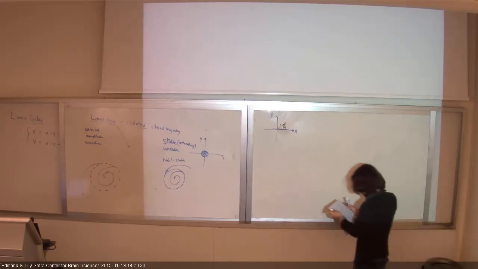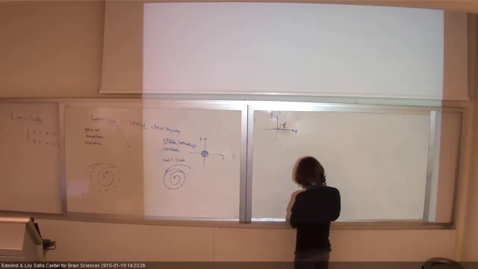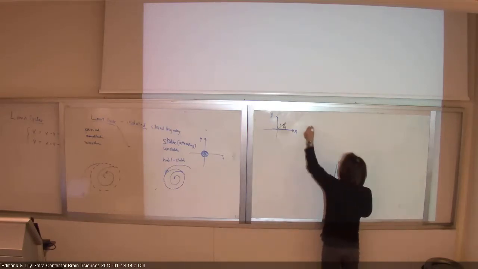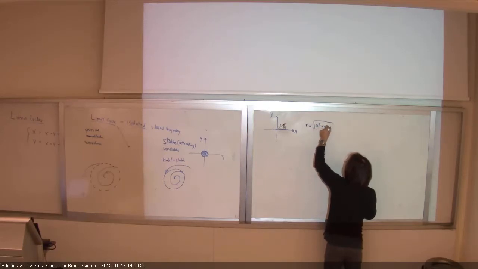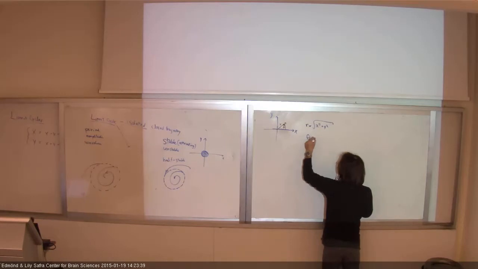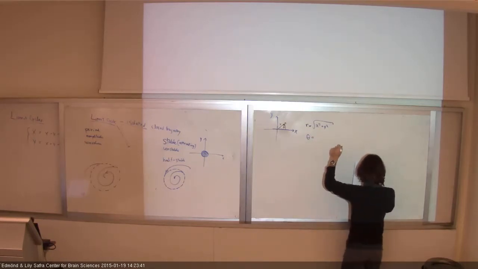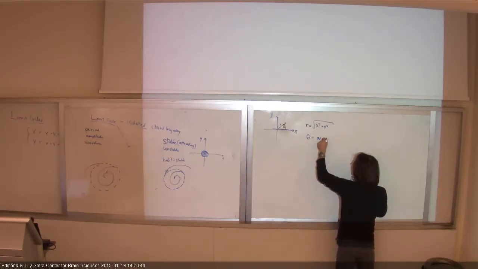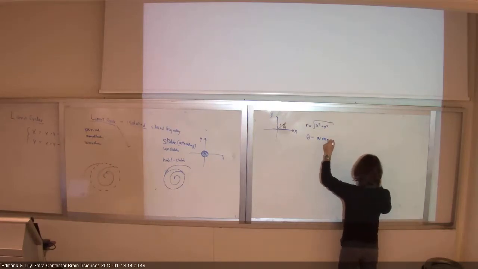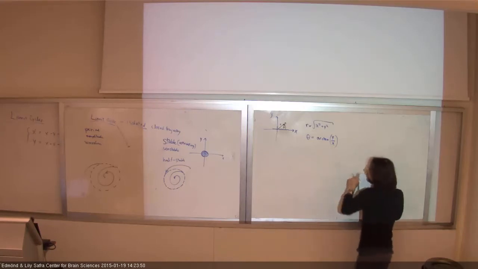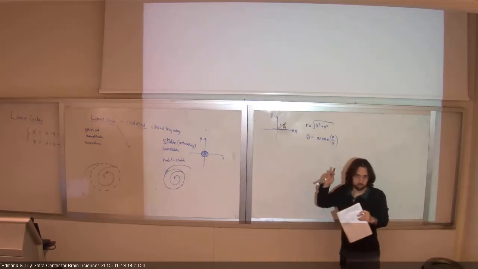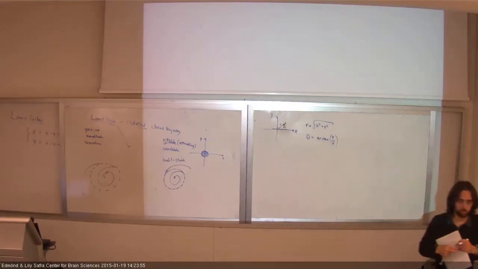So, by Pythagoras, we have r equals the square root of x squared plus y squared. And from trigonometry, we have theta is the arctangent of y over x. So this is the shift between the two coordinate systems.